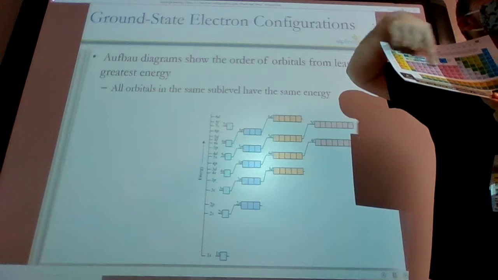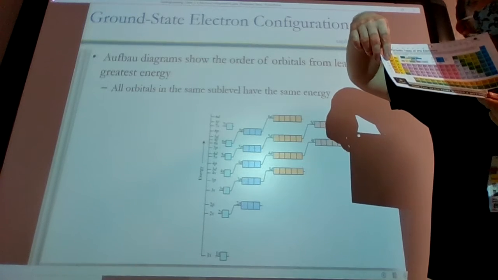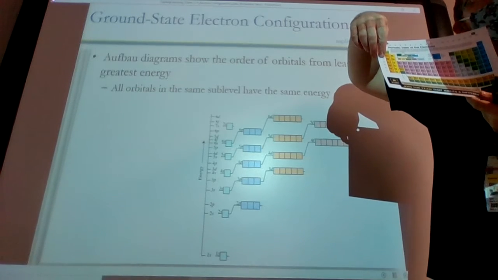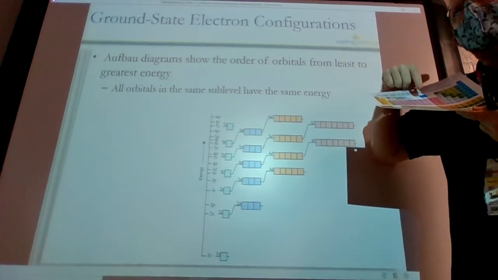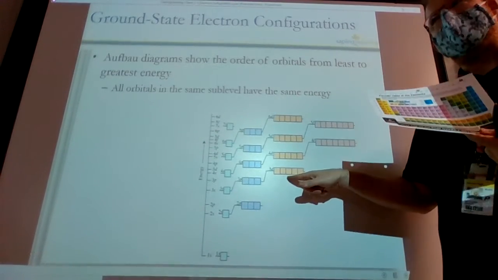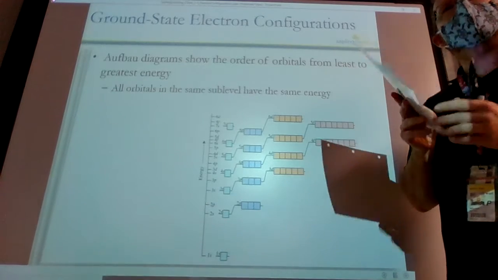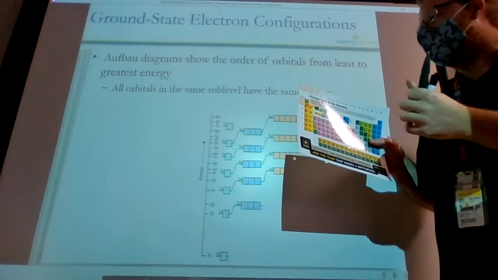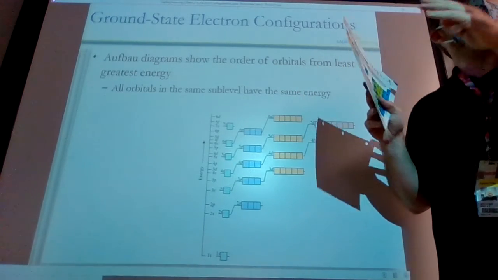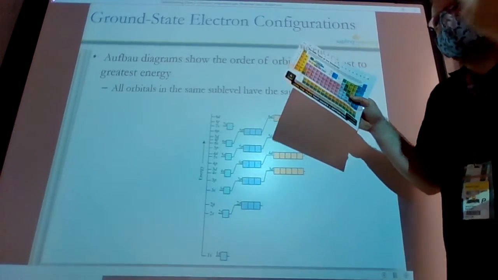The pink block here, what's the top row? What row is that in on the periodic table? Fourth, but we don't call it 4d. That's actually 3d. And so things get a little bit messed up in the way that the periodic table works with these electron configurations. Basically, the electrons aren't sitting where it always looks like they're sitting.